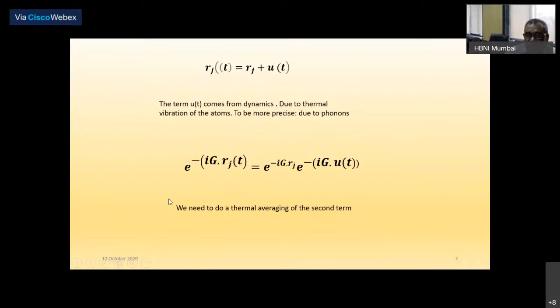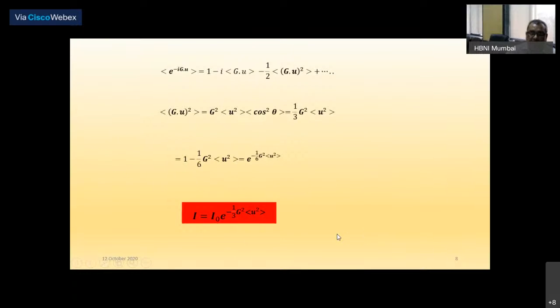So I need to evaluate e to the power minus i G dot R_j(t) for the lattice, which is nothing but e to the power minus i G dot R_j and e to the power minus i G dot u, which is a function of time. And this time average is nothing but thermal average, because temperature gives this oscillation. Now, the simple trick I will do, all of you can do this.